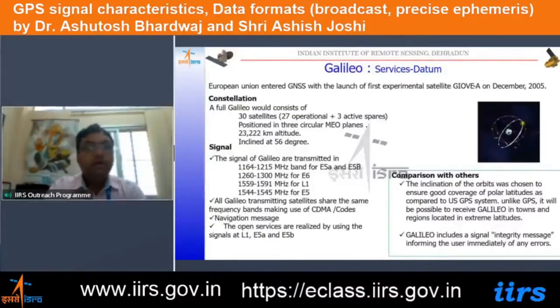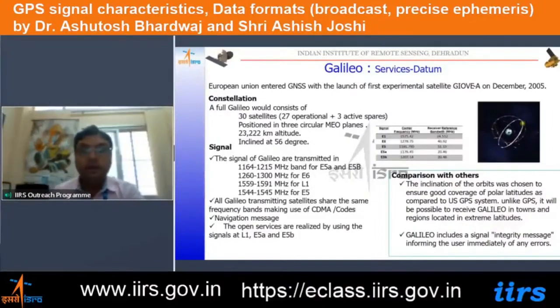Then coming to Galileo, Galileo also uses different types of signals like E1, E6, E5, E5A, E5B. E1 is also represented as L1. The carrier frequencies range from 1176 to 1575.